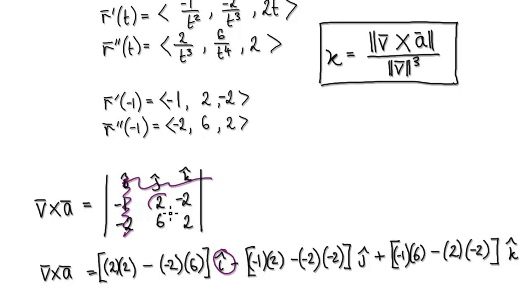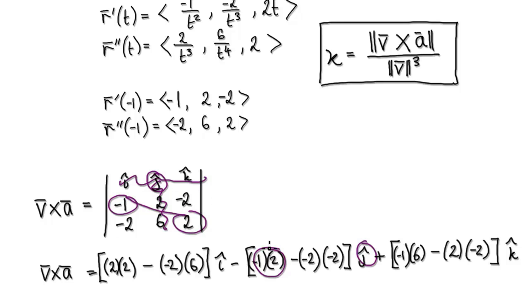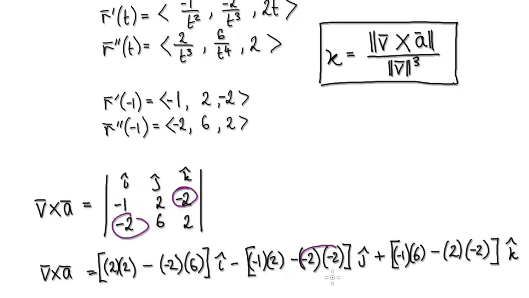So it would be this times this, take away this times this. That will then give you this. Now the next one would be j. So looking at j, discard. Now you've got to look at these four here. So it would be this times this, take away this times this, which will then give you this.